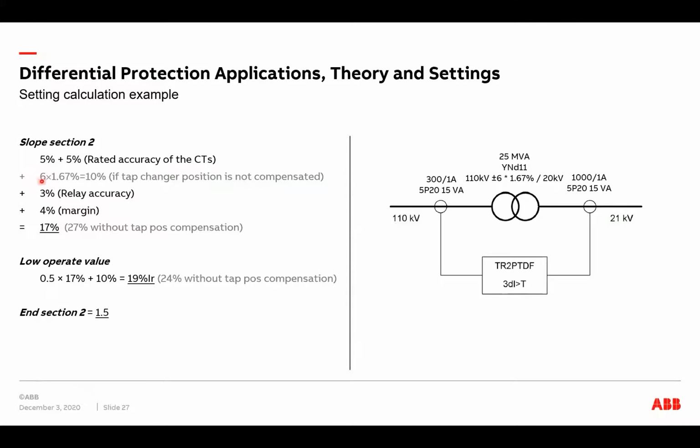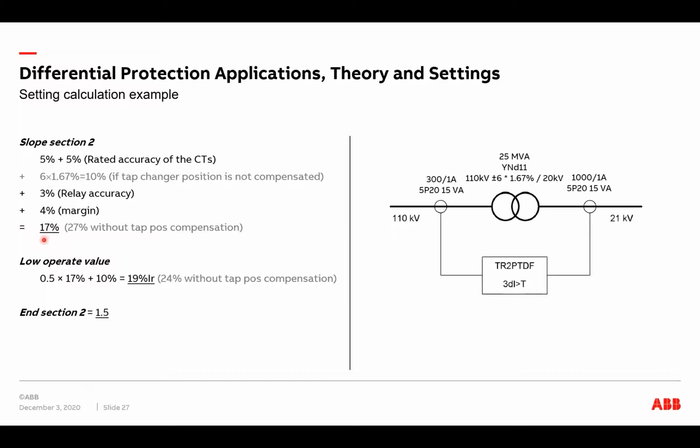So if we are not compensating for the different tap changer position, we need to include also 10% differential current here. Then we add 3% for the accuracy of the relay and a 4% margin.